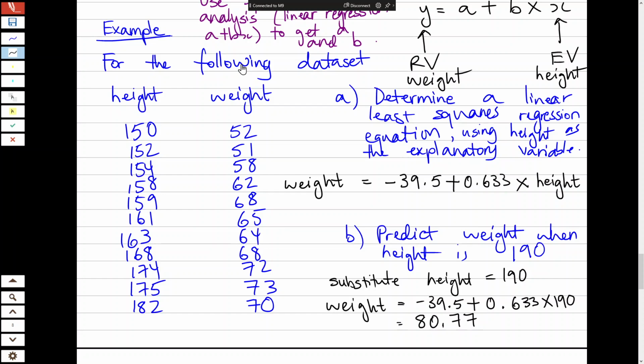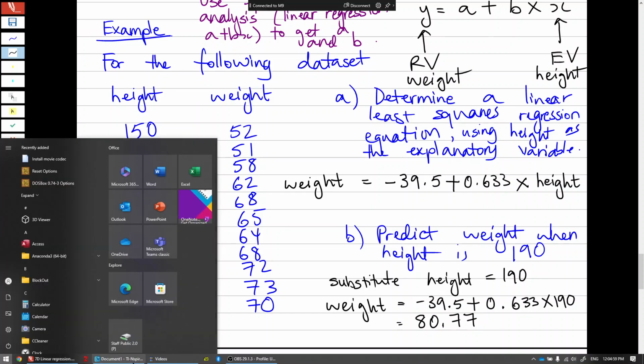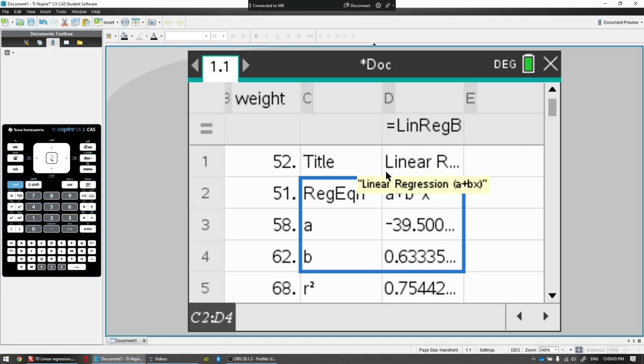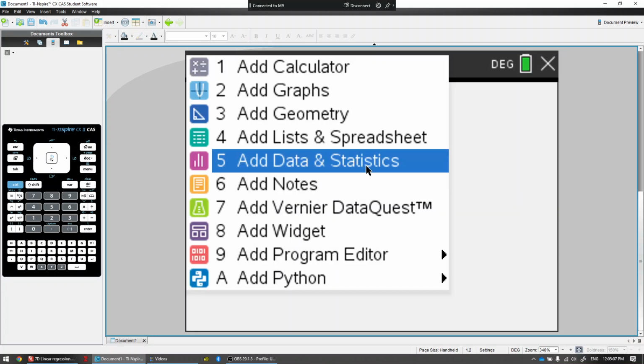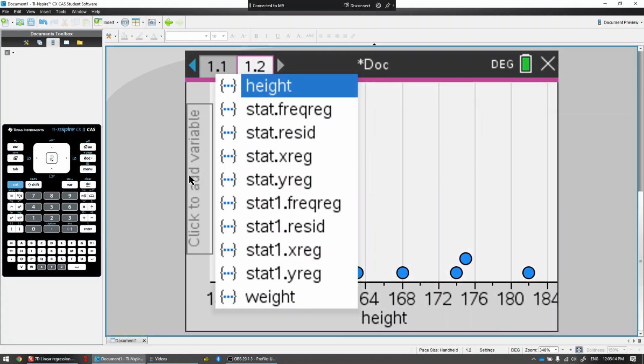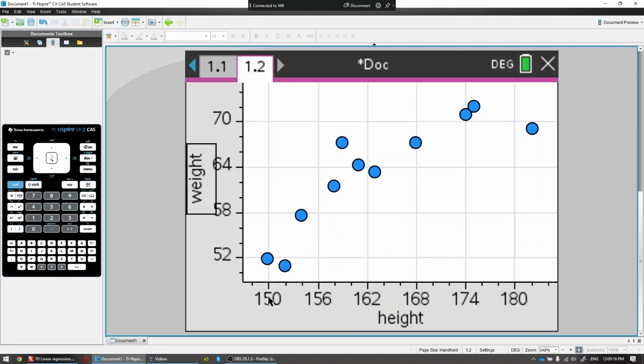Let me take a moment to show you what we've just done. So if I go back to my CAS, I'll do Control I. You don't have to do this. Control I, data and statistics. I can make a scatter plot with height as the explanatory variable and weight as the response variable.